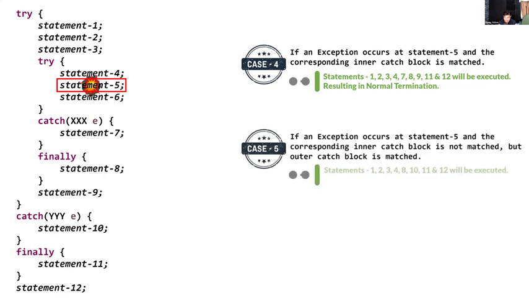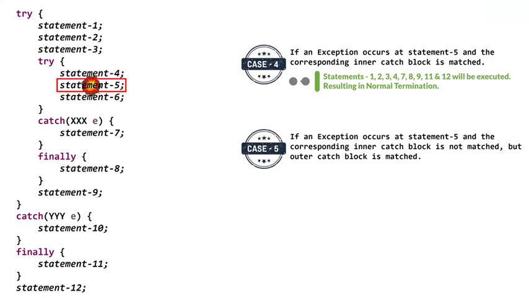Now, if the exception occurred in statement number 5 and the inner catch block is not matching: 1, 2, 3, 4, 5, 8, 9, 10, 11. Is 9 a part of the catch block or the finally block?